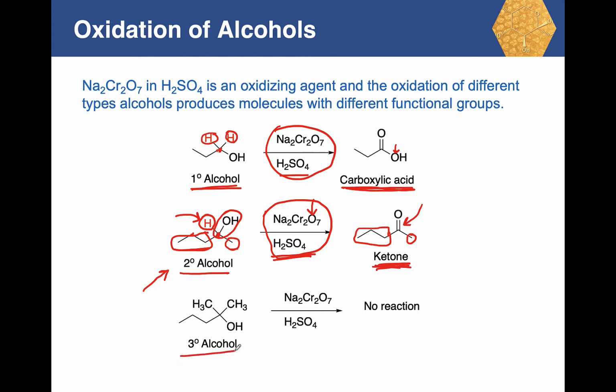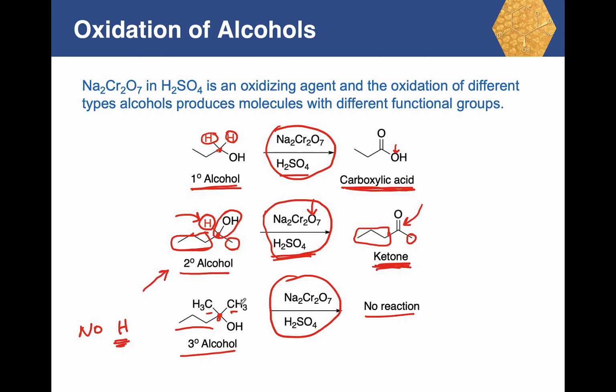Here's a tertiary alcohol. Why tertiary? It has 1, 2, and 3 alkyl groups bonded to this carbon. Notice no hydrogen atoms. So in the presence of a strong oxidizing agent, no reaction, because there is no hydrogen to be removed that's bonded to the carbon that has the OH group.